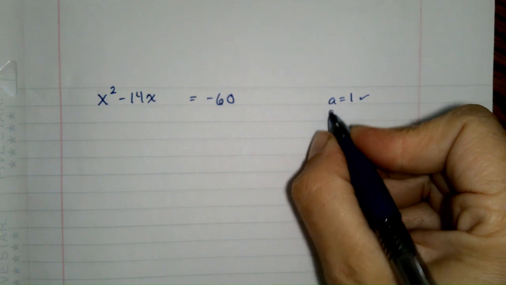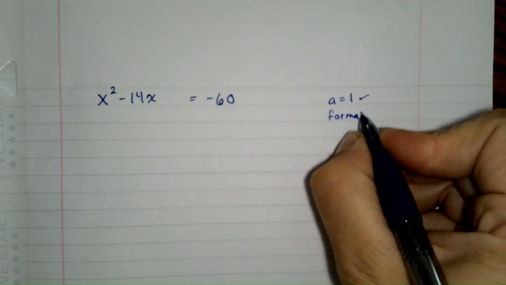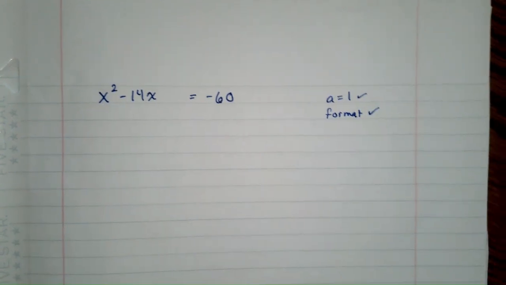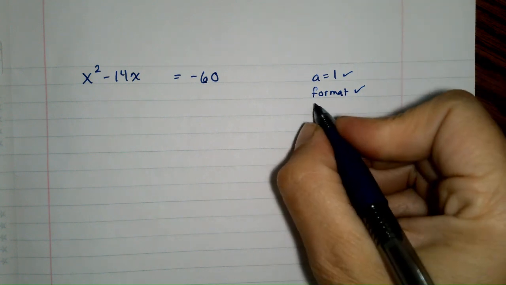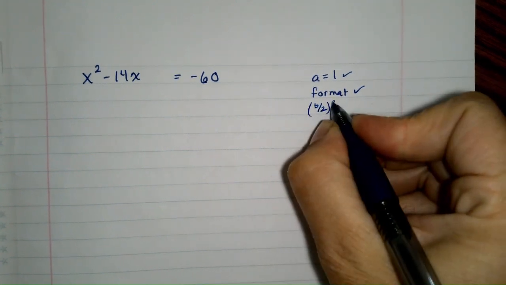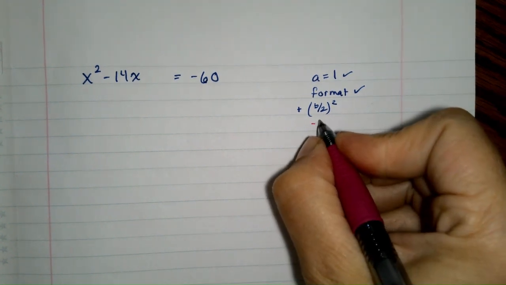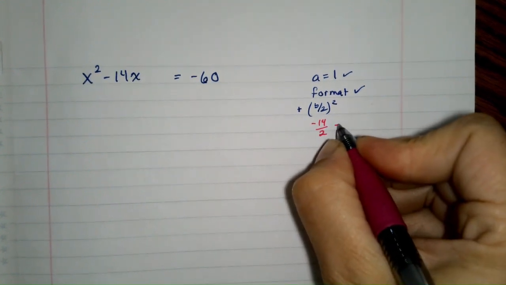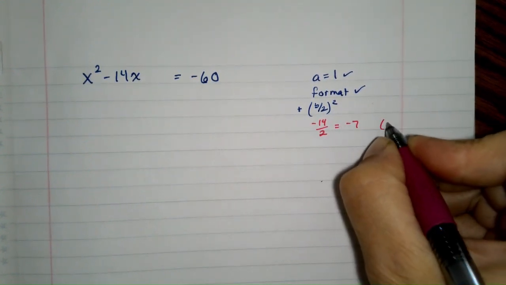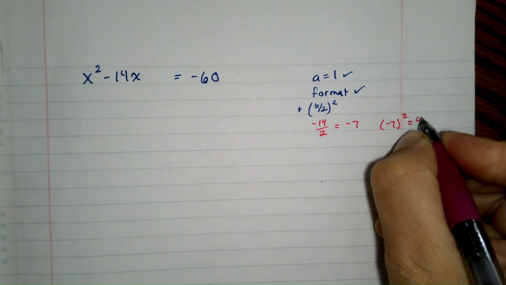Okay, it's in the format. So step 2, check, it's already in the format. So we're ready to add b divided by 2 squared to both sides. Okay. Negative 14 divided by 2 is negative 7, and then negative 7 squared is positive 49.